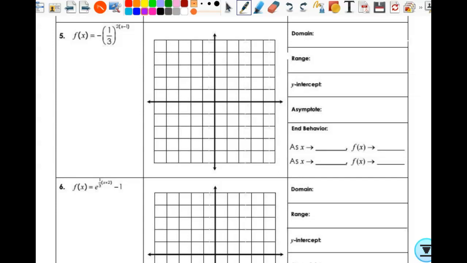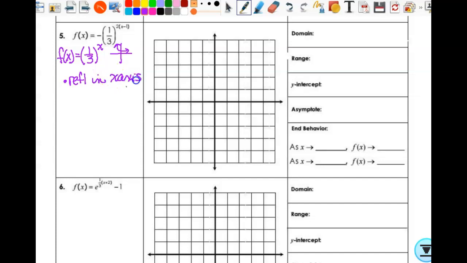The base of this exponent is 1/3. So f of x is equal to 1/3 to the x power. Again, parentheses, very important. And since that's less than 1, it would look like this before any transformations. This negative here means that this is a reflection in which axis?